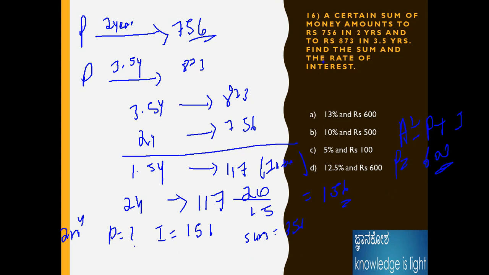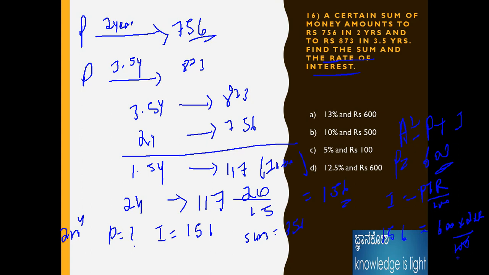Now we can easily solve the rate. What is the question asking for the rate here? We already got the principal amount, 600. Just apply I is equal to PTR over by 100. Therefore, 156 is equal to 600 into 2 into R divided by 100.